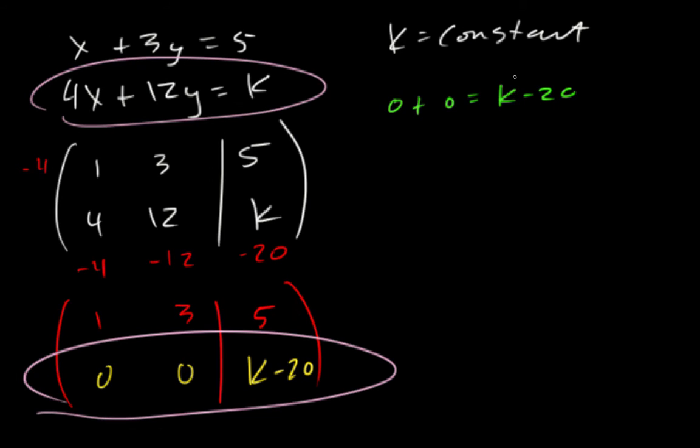So if k is equal to 20, what's going to happen is we're going to get 0 equals 0, so we have infinite solutions.